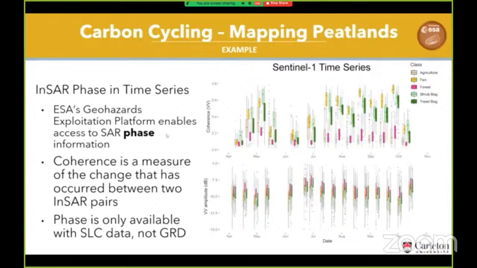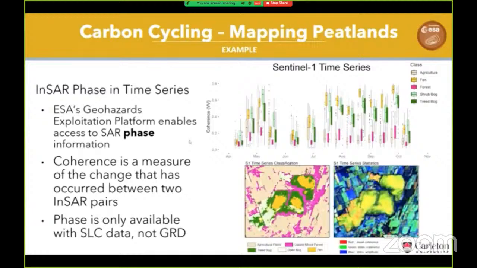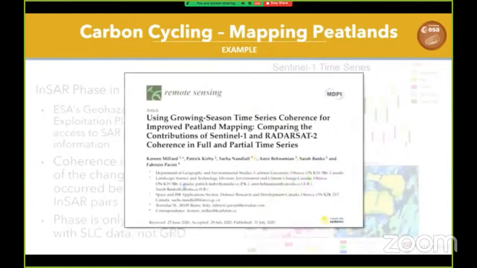So I looked at using Sentinel-1 coherence time series, and you can see that on most dates, the classes are very separable, and over time, there's a huge separability between the upland classes and the peatland classes as well. So this is published in Remote Sensing. This is an example of the classification results. And you can read this paper in MDPI Remote Sensing.